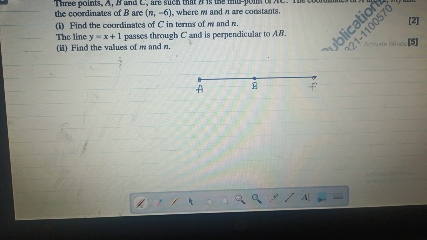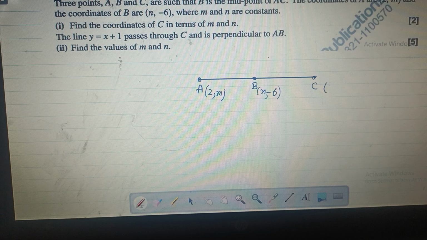And C is here, where the coordinates of A are 2, m, that is (2, m), and the coordinates of B are (n, minus 6) over there. Then he is saying where m and n are constants, find the coordinates of C in terms of m and n.